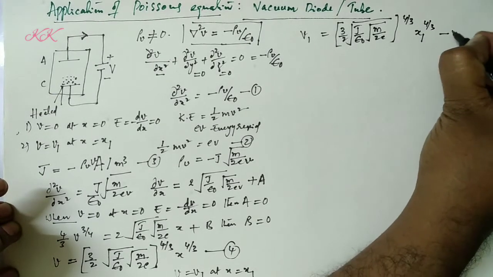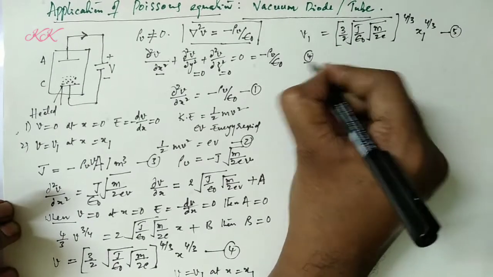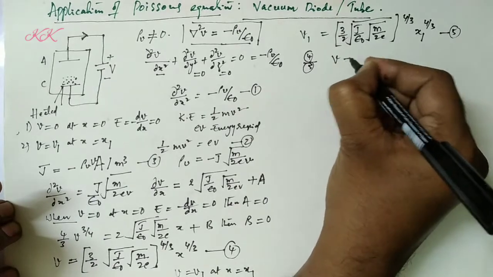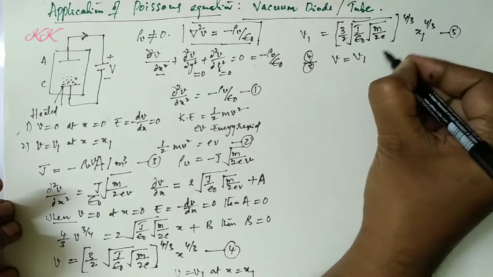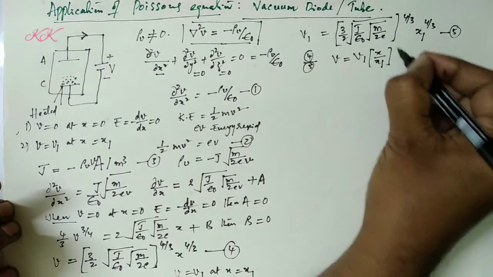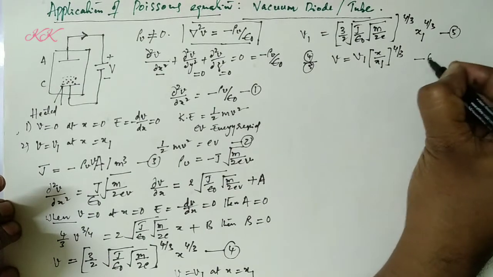Let this be equation number 5. Dividing 4 by 5, we get V equals V1 x by x1 whole to the power of 4 by 3. Let this be equation number 6.